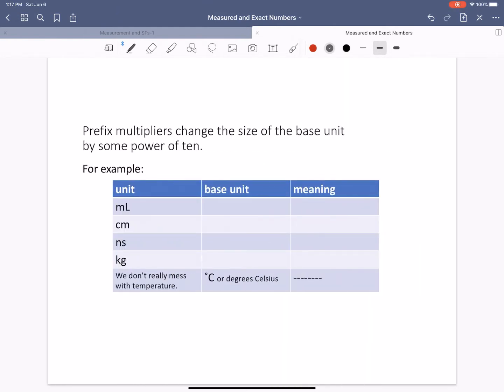So prefix multipliers we use to change the size of the base unit by some power of 10 to be convenient. For example, we have graduated cylinders in the lab, and they measure things in milliliters.